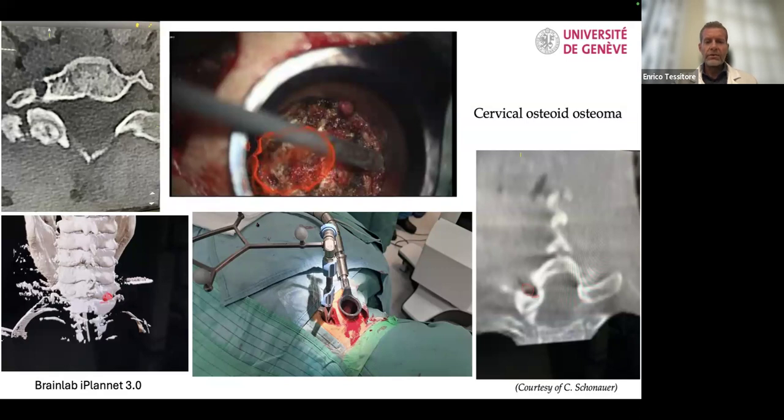And again, this was navigated by Brainlab, and the microscope-based augmented reality was used to superpose the osteoid osteoma in red on the normal bony anatomy, allowing for a very limited resection of the lateral mass of C7 and preserving the stability at that level.